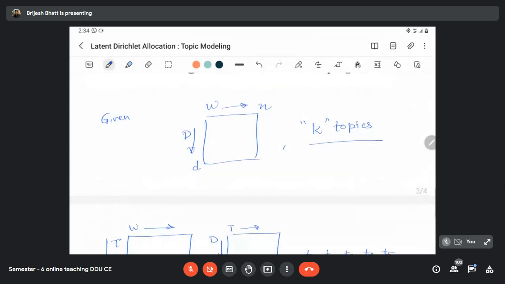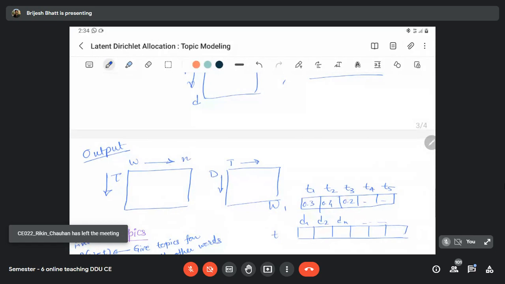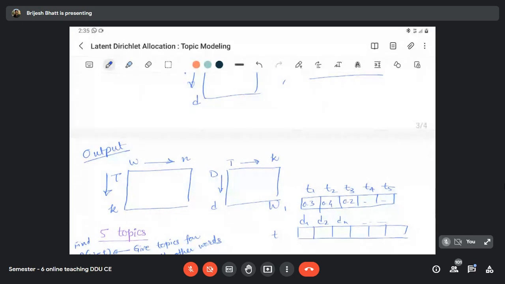This is given. And from that, we want to calculate these two matrices: an N cross K and a D cross K. Are you with me so far?